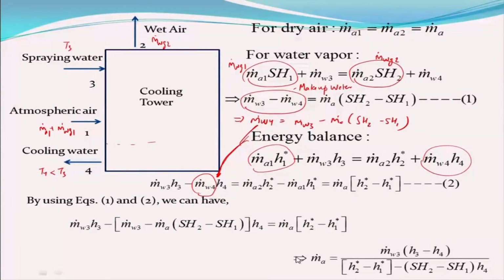So I can find out the mass flow rate of air entering the cooling tower, which is equal to m_w3 into (h3 minus h4) divided by (h2 minus h1 minus (ω2 minus ω1) into h4). This way we can calculate the amount, using this expression.